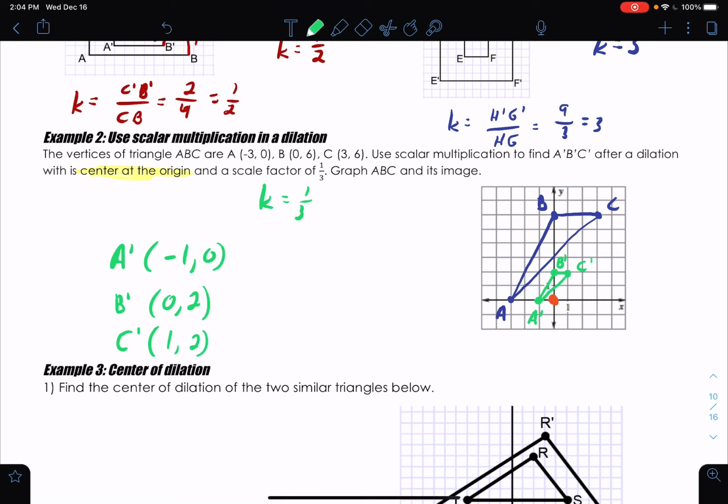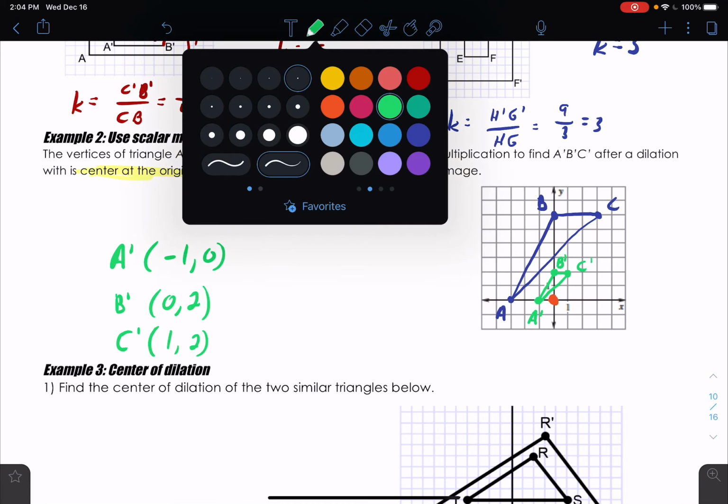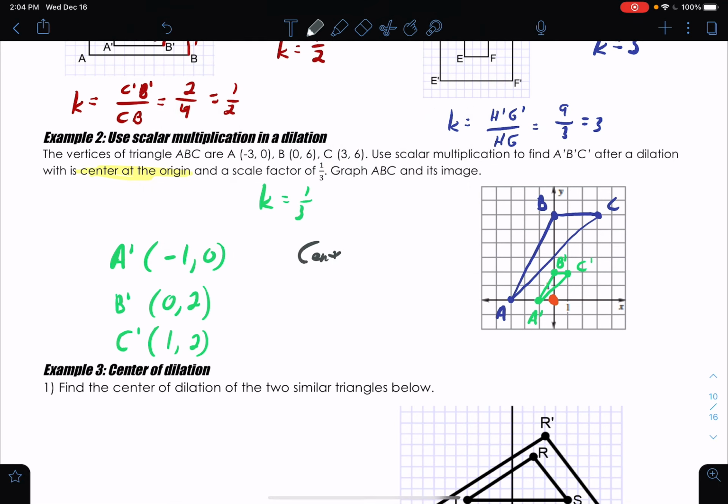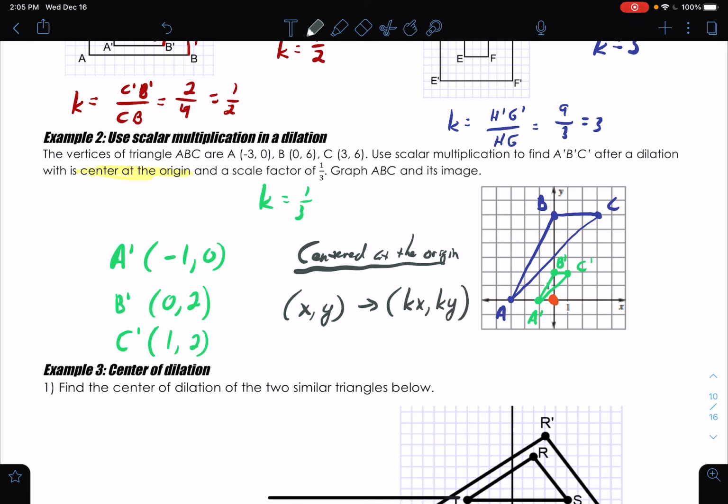Now, you might notice a pattern here. Look at the pre-image coordinates and the image coordinates. -3, 0 went to -1, 0. 0, 6 went to 0, 2. And 3, 6 went to 1, 2. What did we do? Because it was centered at the origin, all I had to do was take my coordinates and multiply them by my scale factor.